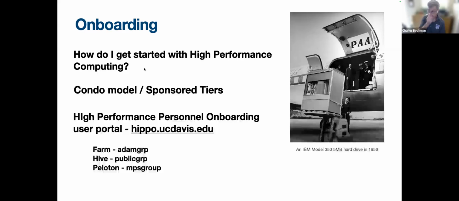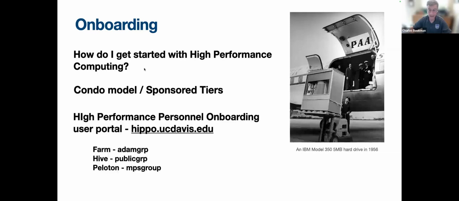What I suggest you do is go to hippo.ucdavis.edu, apply for an account on Hive using the public group as your sponsor, and you get access to a public queue worth of resources plus unused resources and a 20 gigabyte allocation of disk space. Same as on Farm. If you go to Farm and select Atom Group as your sponsor, you can also get 20 gigabytes to start off with.